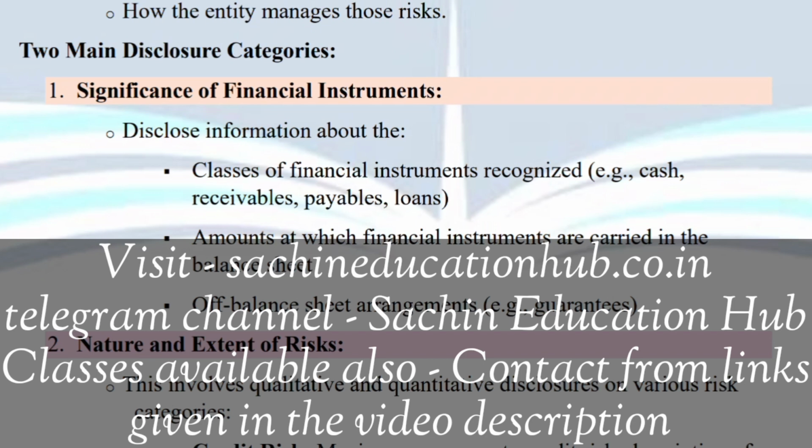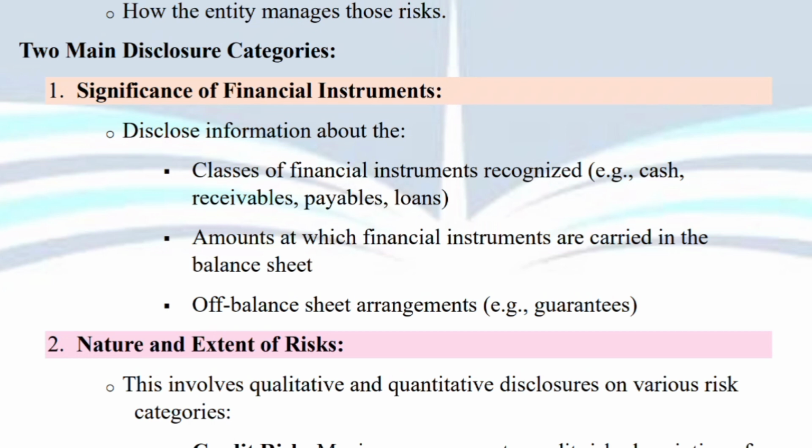Secondly, we have to disclose the carrying amount. It is crucial to specify the amount at which the financial instruments are carried, right? So we have to clearly show the valuations of the carrying amount of the financial instruments. The third main thing is off-balance sheet arrangements.